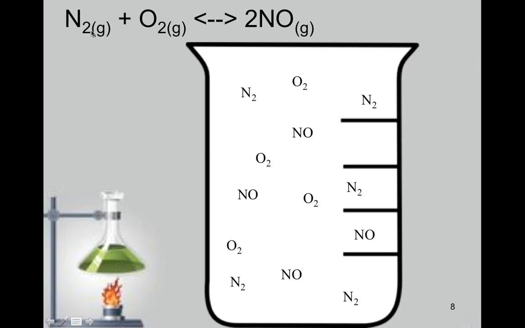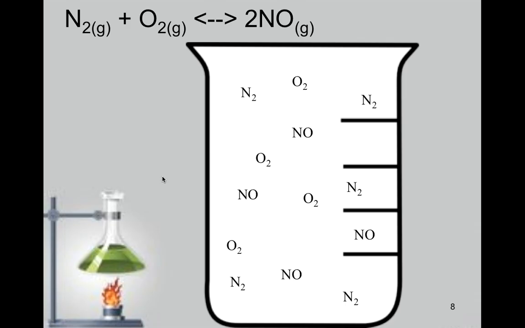If we've got this equilibrium reaction, notice that we have nitrogen, oxygen, and nitrogen oxide all mixed up in this beaker. That's always going to be the case for these reactions. We don't have all the reactants hanging out on one side and all the products hanging out on the other, which is going to become a misconception as I show you how to solve these problems.